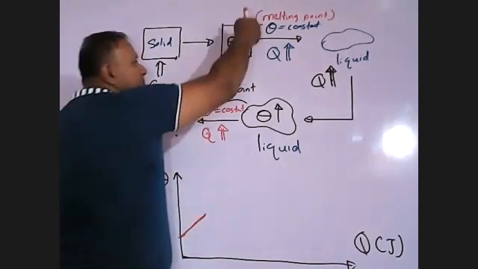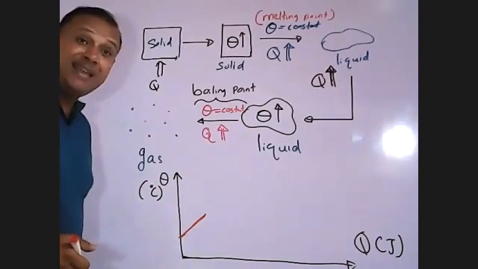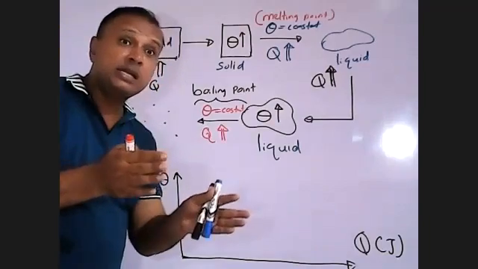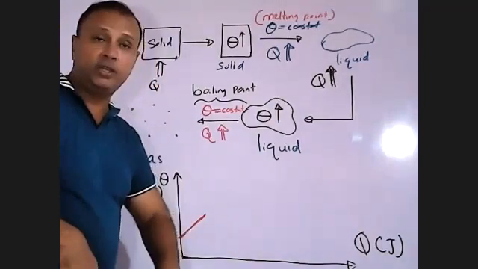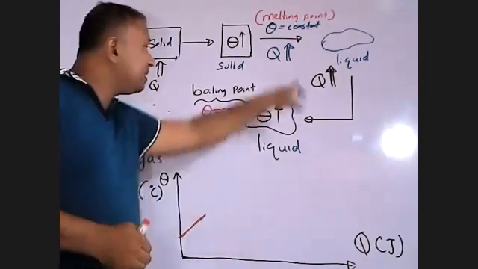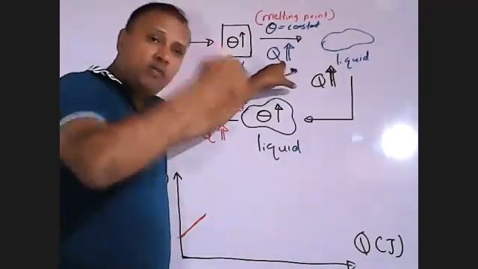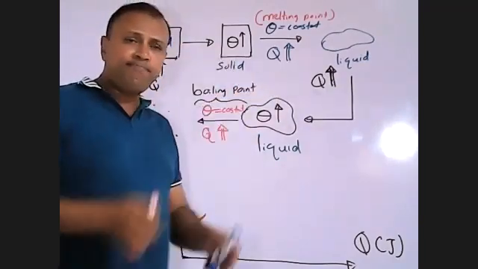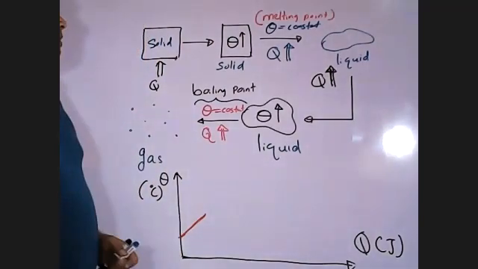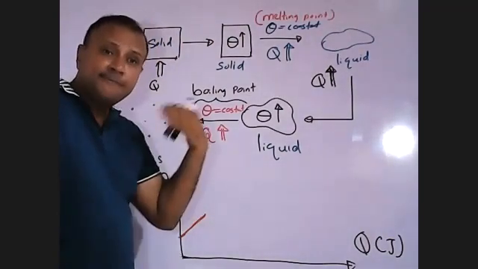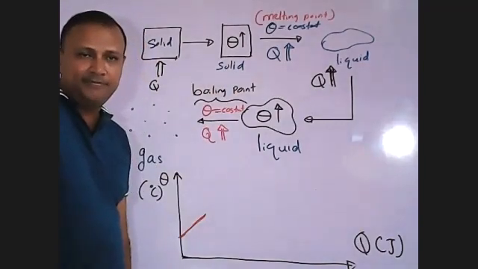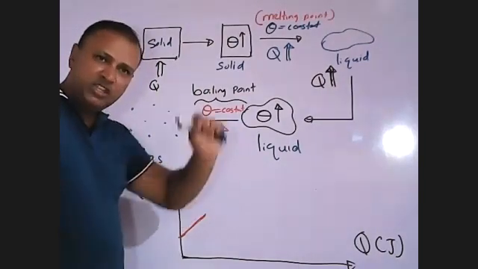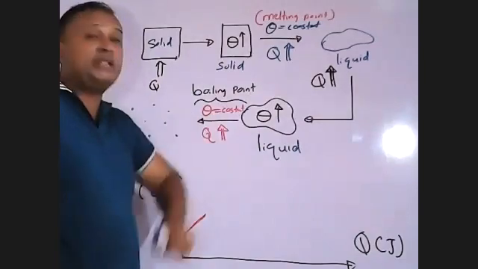Then it comes to this point, that means the melting point. During the melting point, the object absorbs heat, but that heat is used to break intermolecular bonds. So that heat isn't utilized to increase the kinetic energy of the particles. Therefore, kinetic energy remains constant. Temperature depends on kinetic energy. Therefore, temperature is also constant.